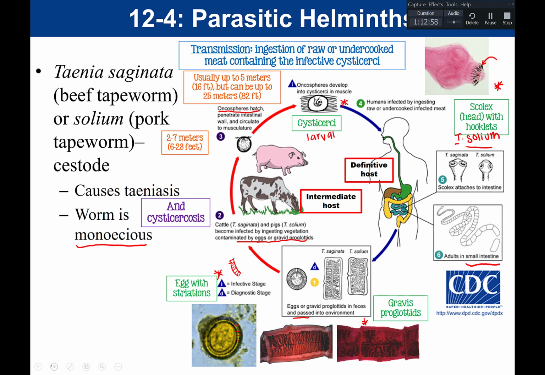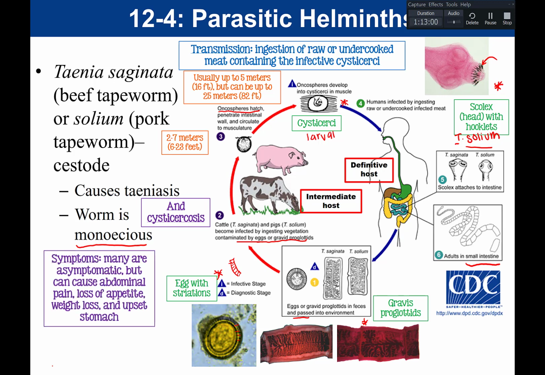In terms of our symptoms, usually there are no symptoms or mild symptoms. So many people are asymptomatic. Symptoms typically are worse with Taenia saginata just because of its larger size.